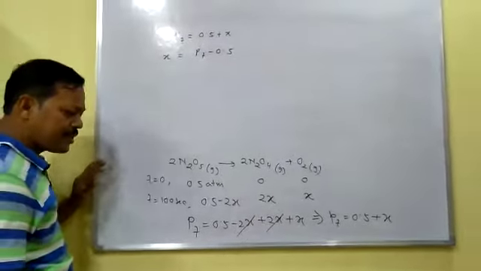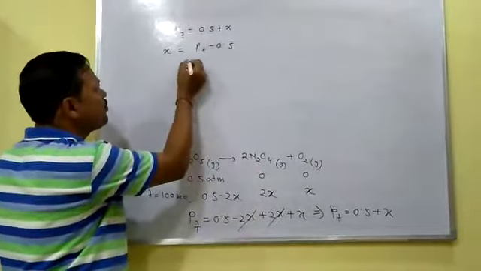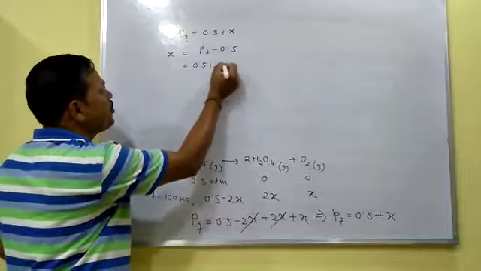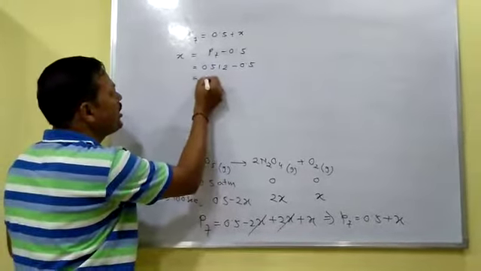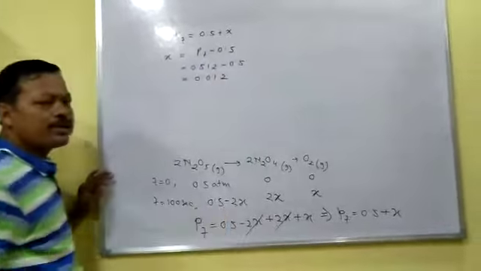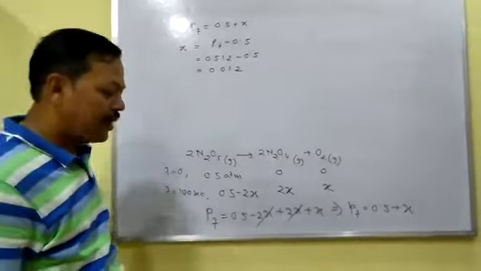The total pressure is given as 0.512 at time 100, so 0.512 minus 0.5 gives you 0.012. Just now I have found the value of X.